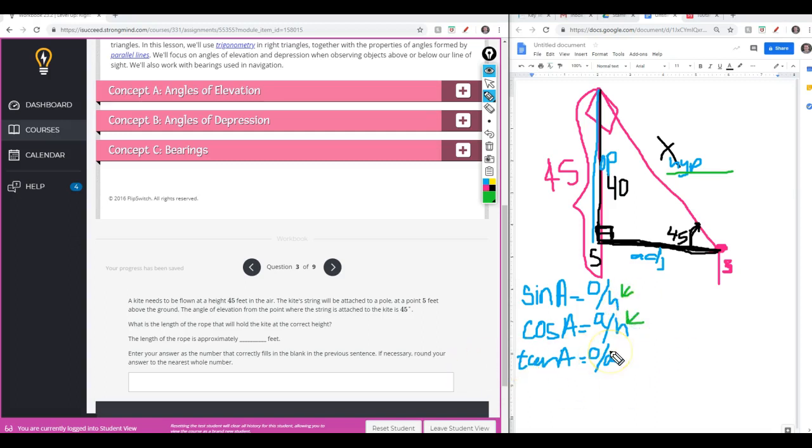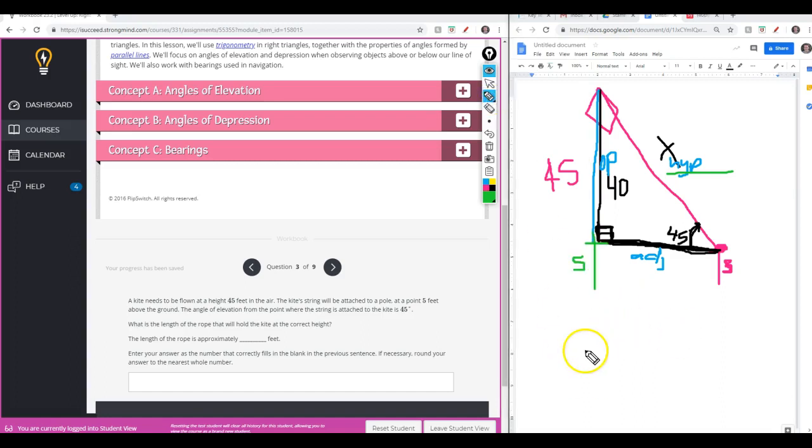So tangent's off the table. So now let's decide between sine and cosine. Well, we have the opposite side length, so the one that has a ratio between opposite side length and hypotenuse is sine. So we are going to use the sine of our angle. And that's how we are going to determine it.